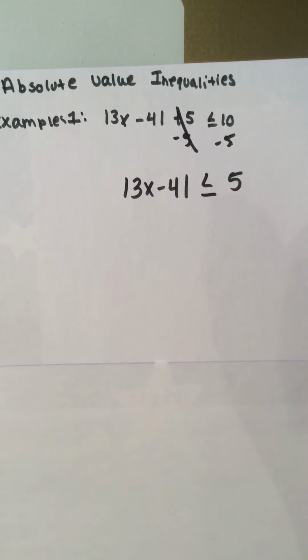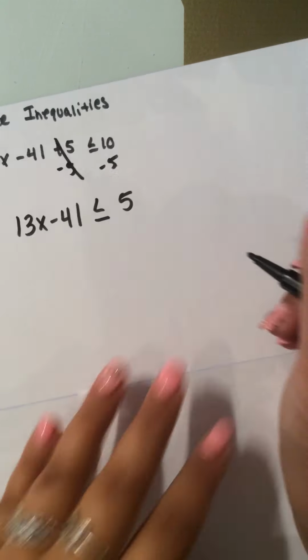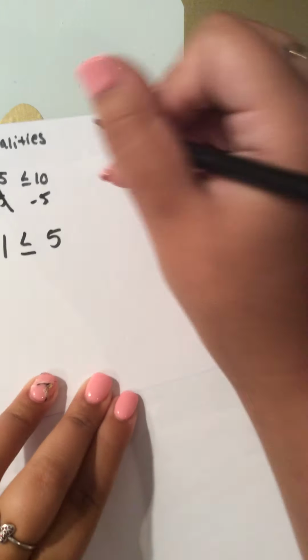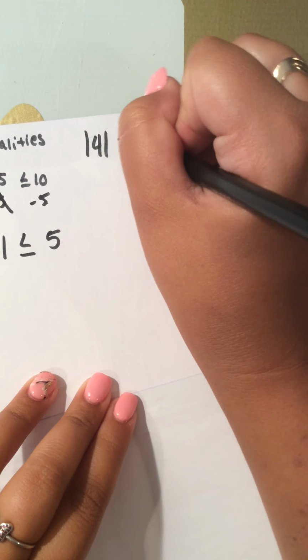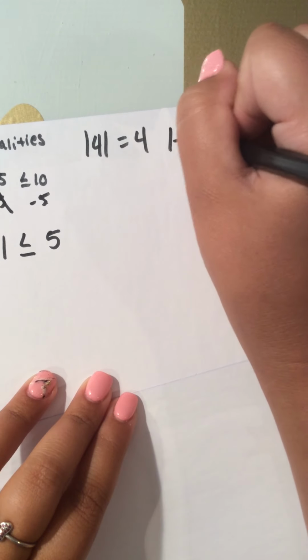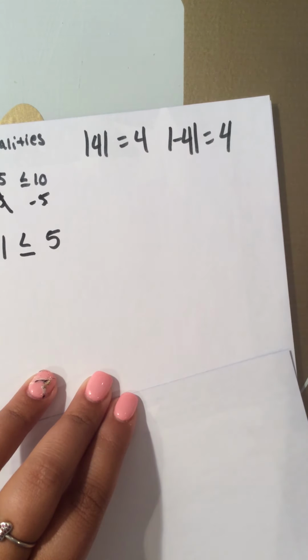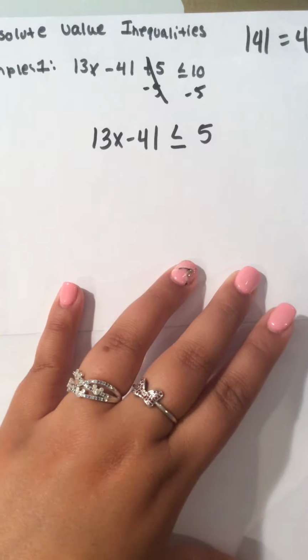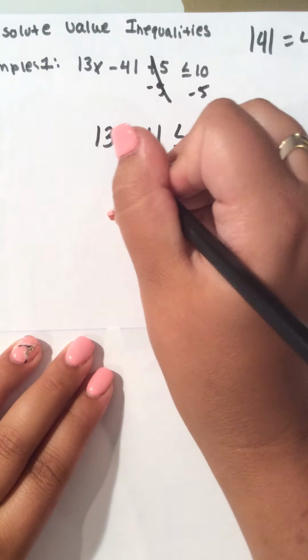Okay, so now since I have the absolute value, if you remember, the absolute value of 4 is 4, because it's 4 units away from 0. But the absolute value of negative 4 is also 4, because it's 4 units away from 0. Now, because of that, I'm going to split this up.